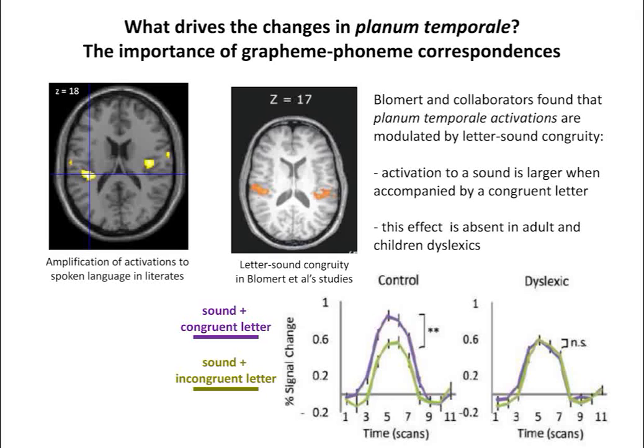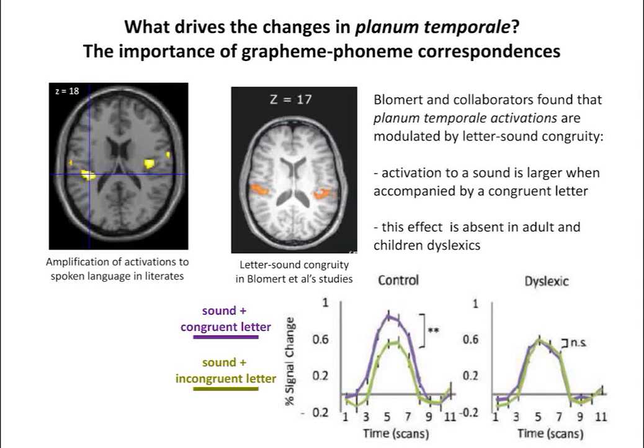So you hear the sound A, and at the same time you are presented with the letter A, or you are presented with the letter O. When the two are congruent, you get much more activation in this area than when the two are incongruent, which suggests that this area is integrating the information cross-modally from the written letter and from the spoken sound.